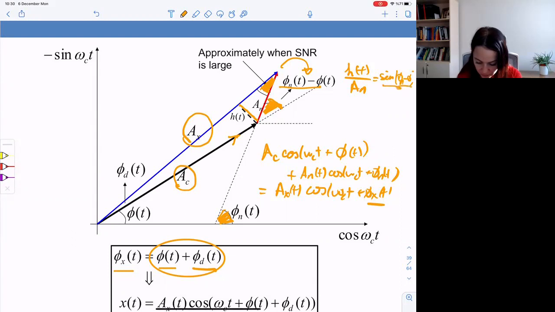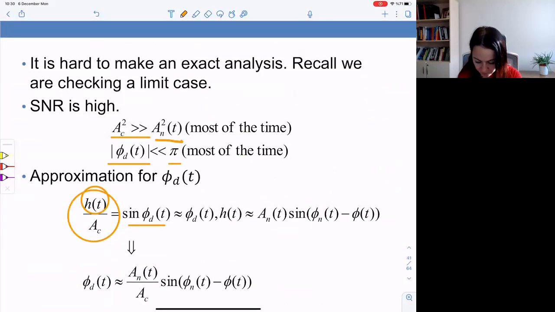What is phi d is this angle. So I was using the wrong triangle.